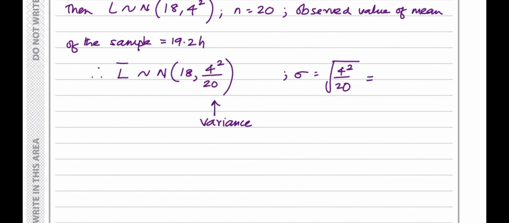Putting this into the calculator, we get 0.8944 to 4 decimal places. Hence, we could write the L bar, that is the sample mean, follows normal distribution 18, 0.8944 square. Keep this ready because this is what we have to put into the calculator.